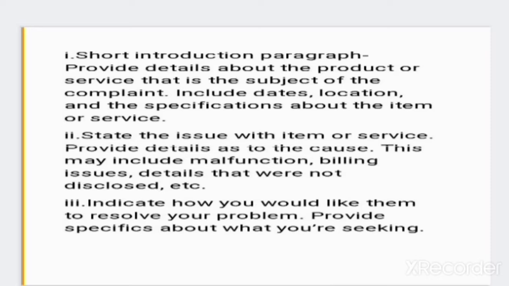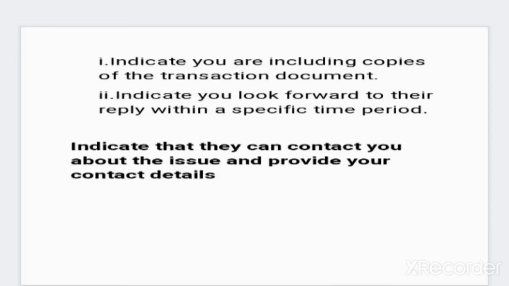Next, indicate that you are including the copies of transactions, then documents. What I said, you have to be very specific and you have to count each and everything. Very important when you are writing a letter. The attachments also you should be aware of. What are the attachments you are sending?